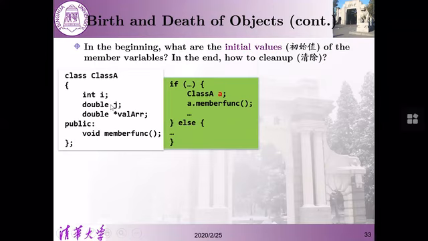Okay, then when we know this, we may define a class like this. These are the member variables, and we have some public interface. Here's one question: how do we initialize the values for these member variables, and how do we clean up the variables when it is going to die?